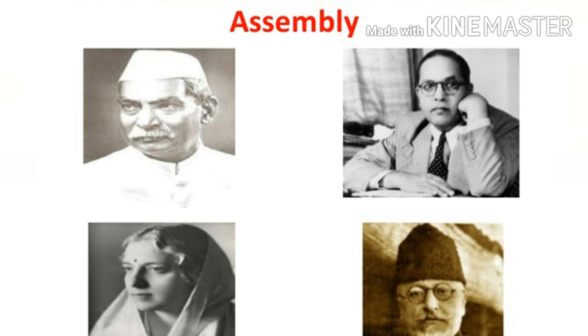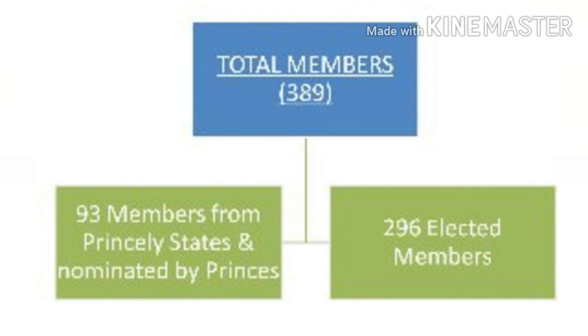First of all, these are the members included in the Constituent Assembly. The total members of the Constituent Assembly are 389: 93 members from princely states nominated by the princes and 296 elected members.